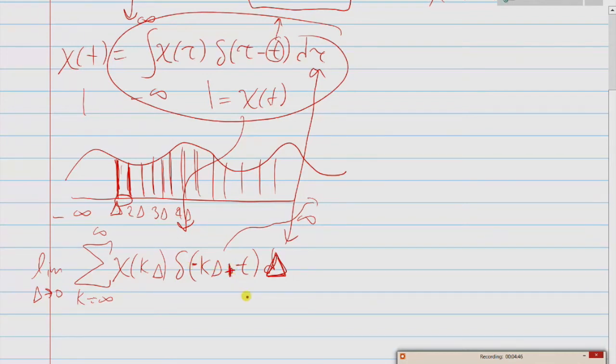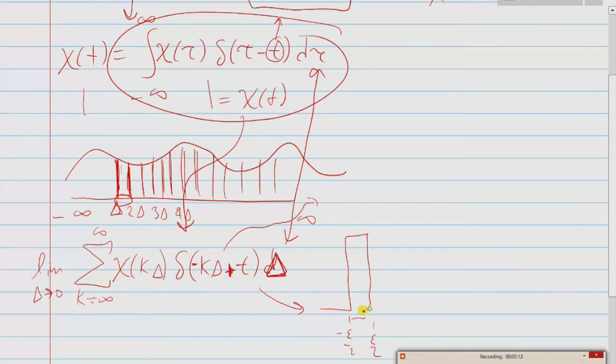And one thing is that I know that this Dirac delta is equal to the limit as epsilon goes to 0 of a unit step function, or of a rectangular function.